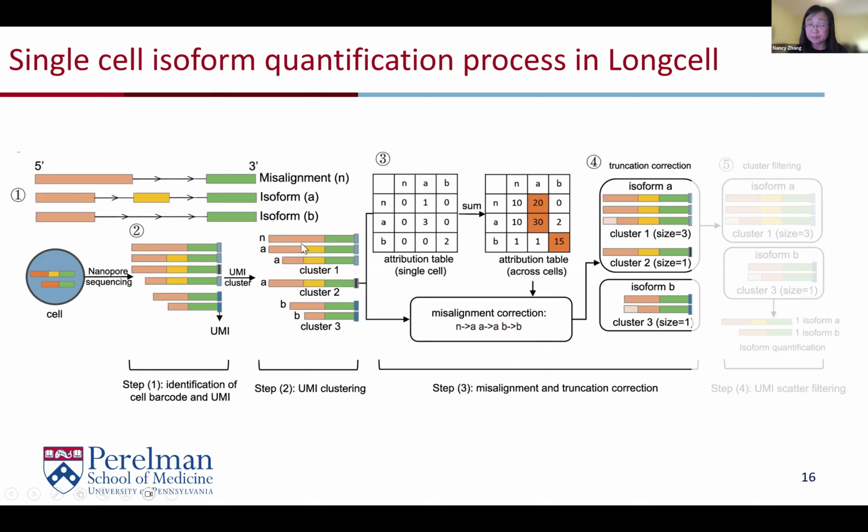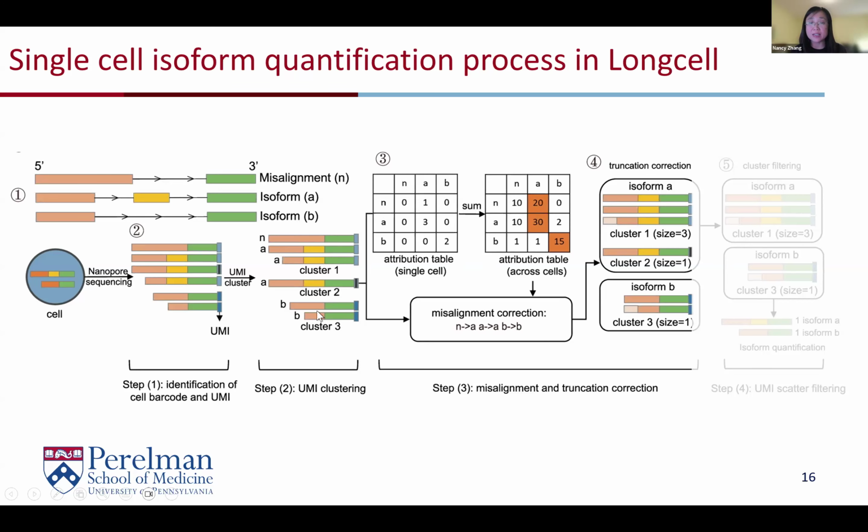So within each cluster, we identify the majority, the isoform with the highest count. And then we do this attribution table where we assign other putative isoforms, maybe wrong, to the isoform with the highest count within each cluster.